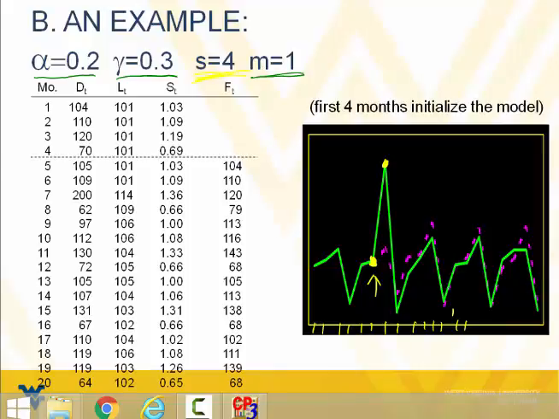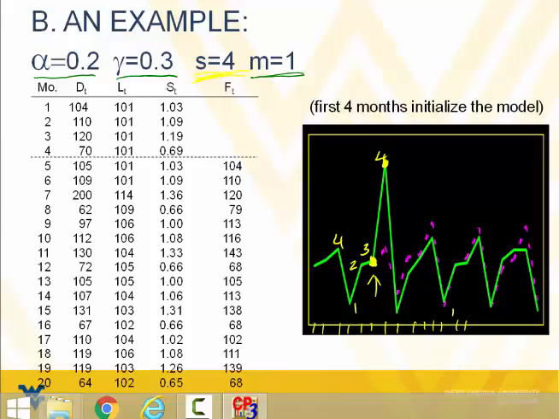Counting backwards, 4, 3, 2, 1, 4 periods ago, that's when I had a peak. So that's why the subscript for S is always T minus S, or T minus the number of seasons. That's another easy conceptual way to understand how to get my seasonal index.